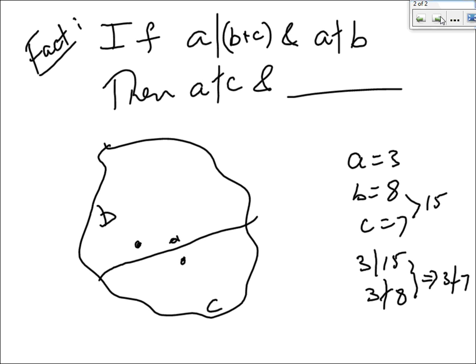So 3 doesn't divide 7 either. Okay, 3 divided 8 plus 7, which is 15. 3 did not divide 8. And then we just showed that 3 doesn't divide 7 either.